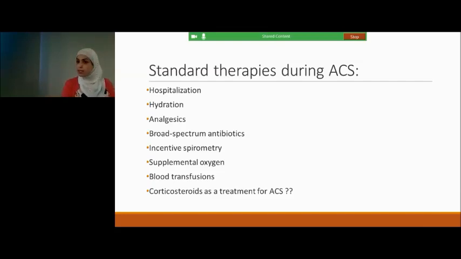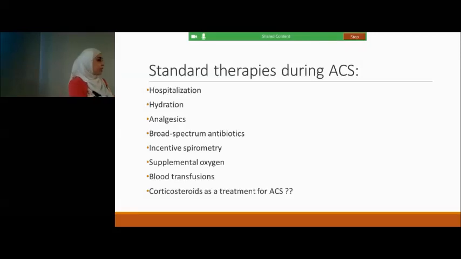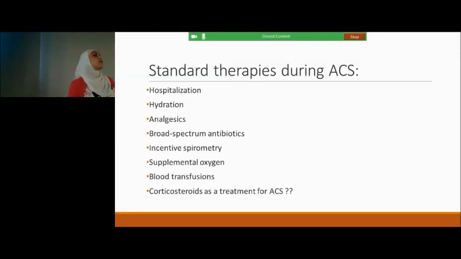Analgesia also is very tricky, because you don't want them to be in pain so they can breathe well. Because if they don't take deep breaths and make good inspirations and good tidal volumes, they're going to have atelectasis. Atelectasis will induce VQ mismatch. That will induce hypoxia. You will induce sickling, right?